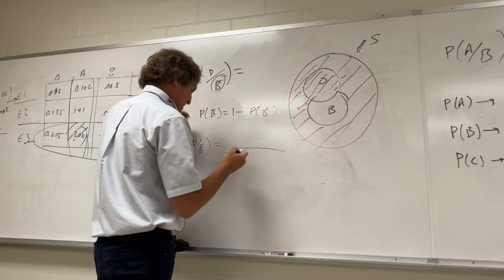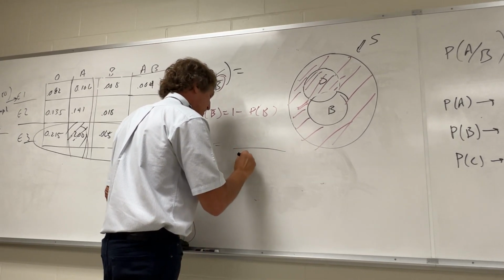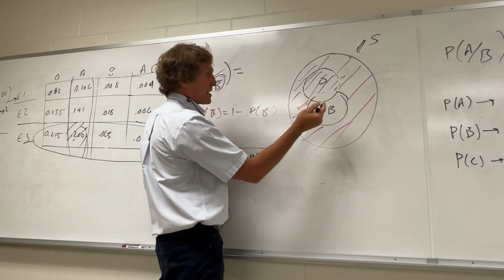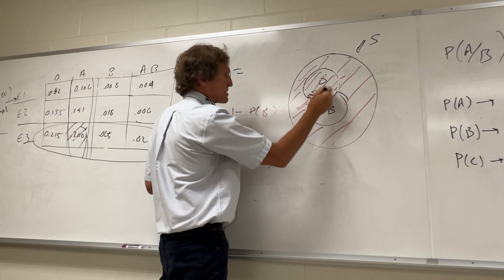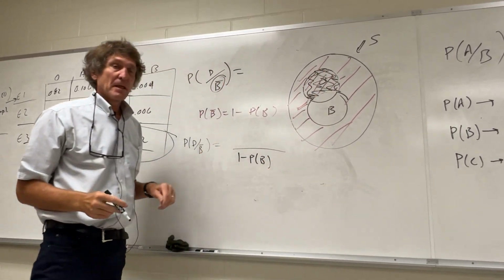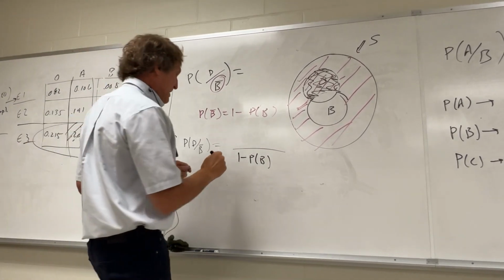So B prime, the area down here, is going to be 1 minus the probability of B. And then the intersecting area is this that I'm trying to show you. Agreed? So what would that be? Well, that's the probability of D, right?